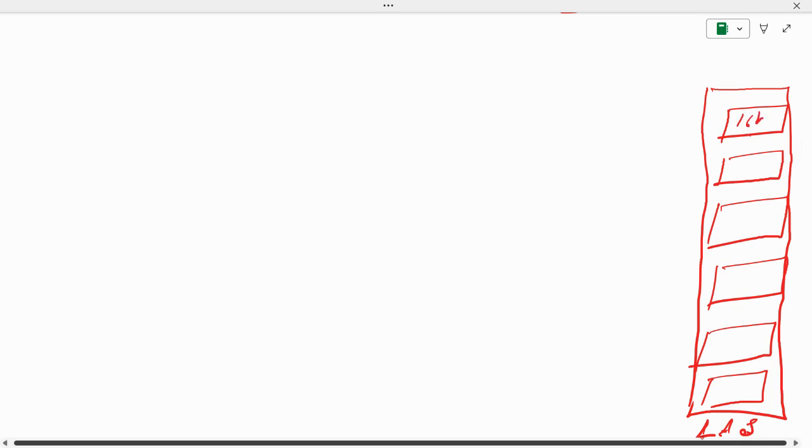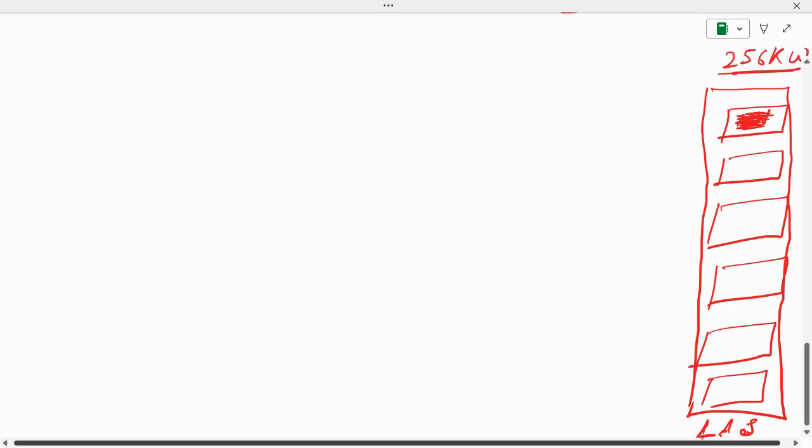Okay, so if we consider each segment of a particular size, let's say we have this LAS, and this LAS is equal to 256 kiloword.